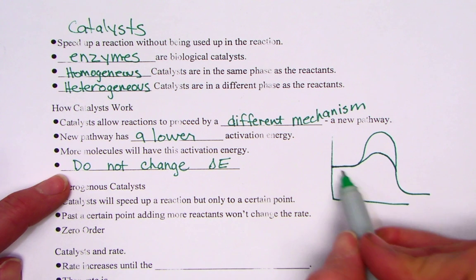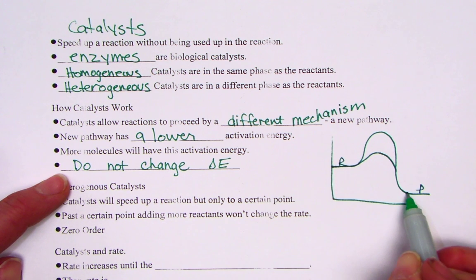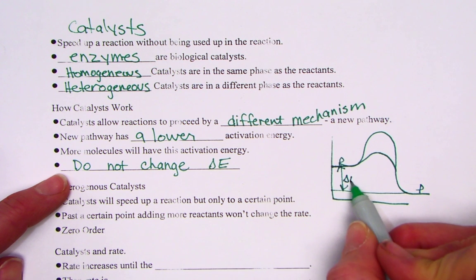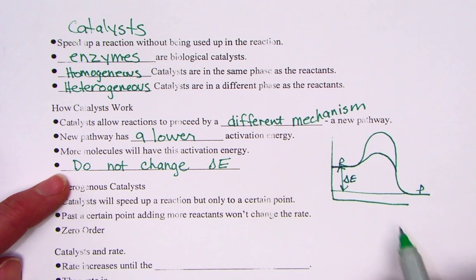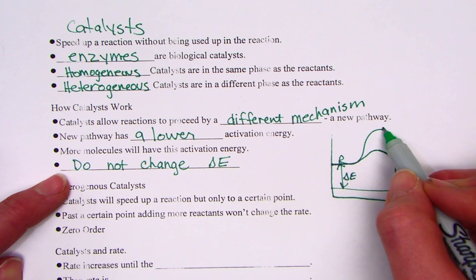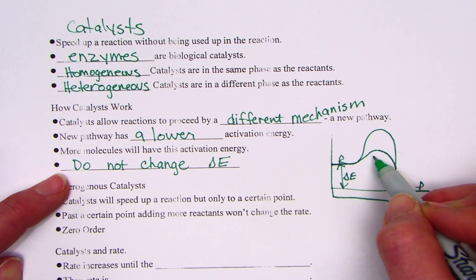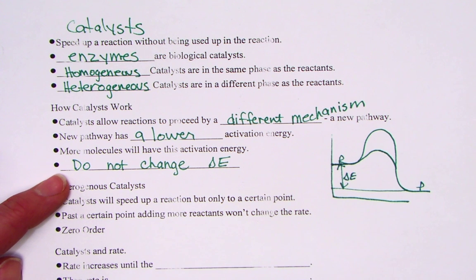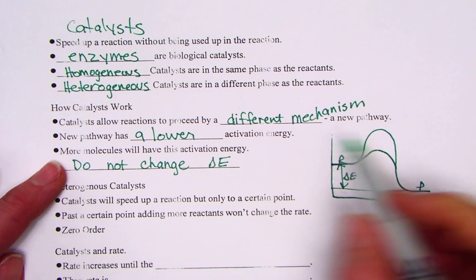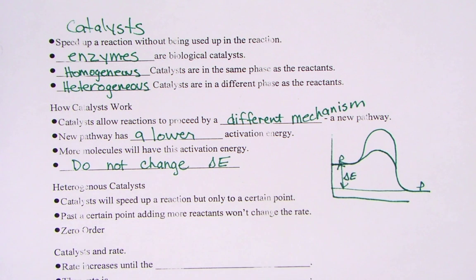What's important to note is that reactants to products, the overall change in the reactant product, delta E or delta H for heat of reaction, would be the same even if the pathway took to the top of the hill or just a different pathway with that catalyst. It doesn't change the overall energy of the equation, but it does lower the activation energy barrier.